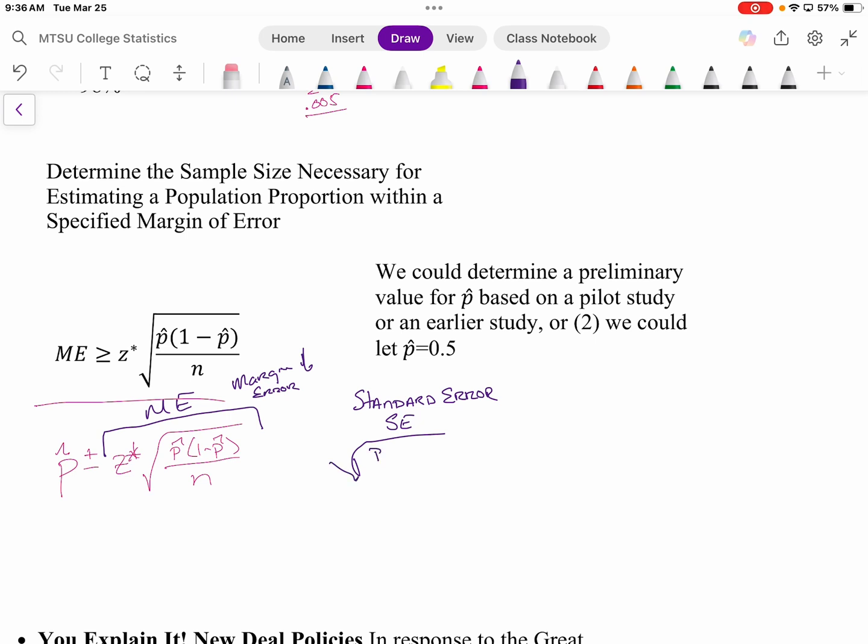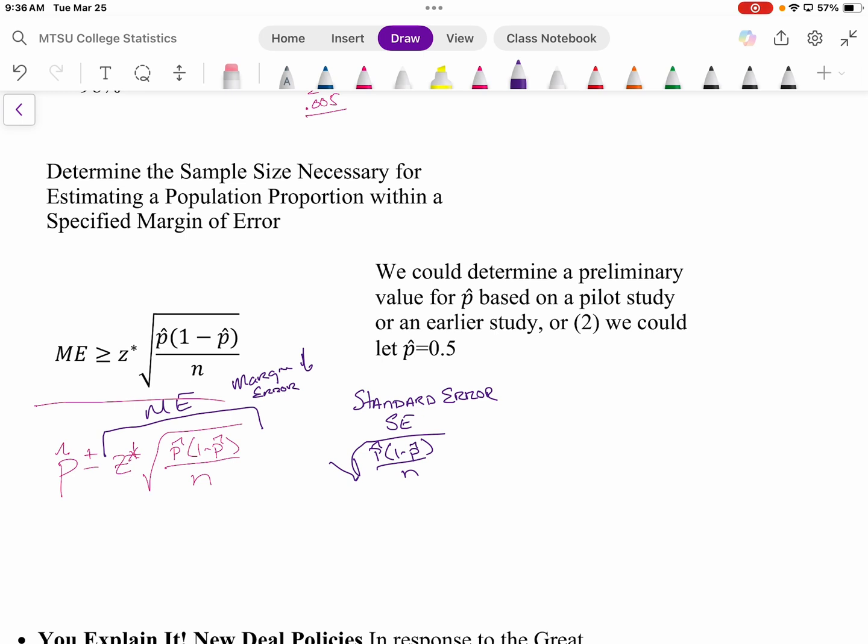That's just the p hat times 1 minus p hat over n. So go ahead and write that down just in case we come across problems where they tell you, hey, the standard error is this. The standard error is the stuff after the Z star. It's the square root part. That's the standard error. So I just want to sneak that in our notes in case we do it.